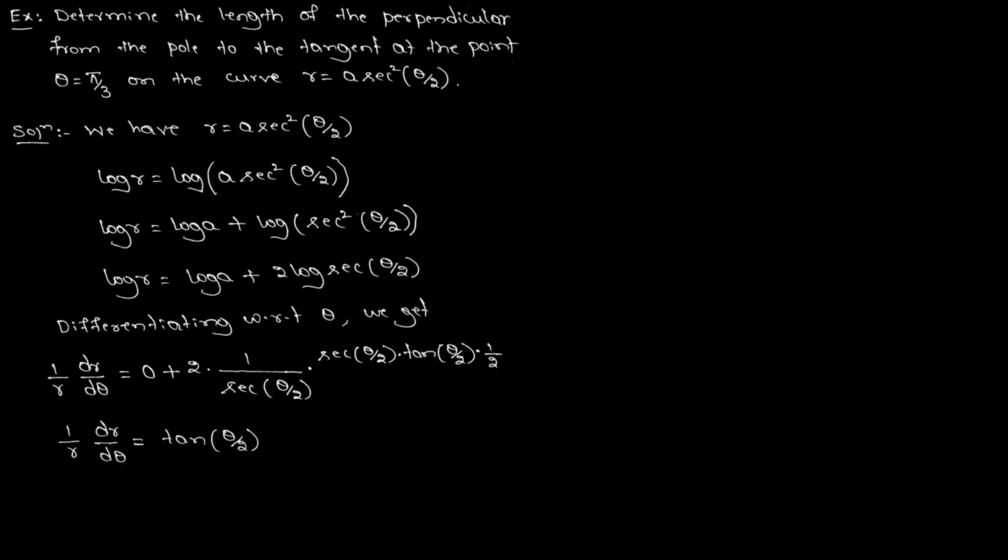Next, here 1 by r dr by d theta as it is we have kept. Here the secant theta by 2 gets cancelled. Again the denominator 2 and the numerator 2 get cancelled. Tan theta by 2 we keep as it is.